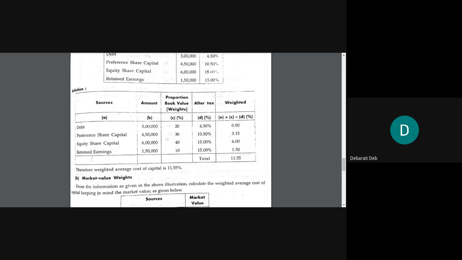You write weighted cost. First column is sources, second column amount, third column proportion book value weights, fourth column after tax cost, and fifth column weighted cost.